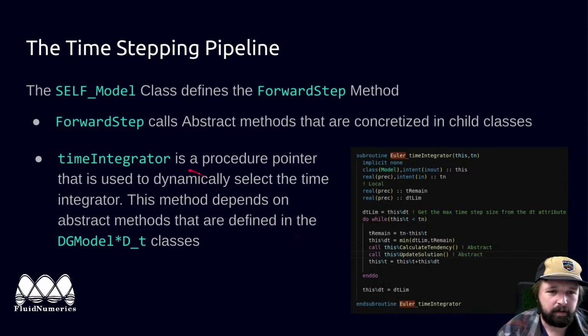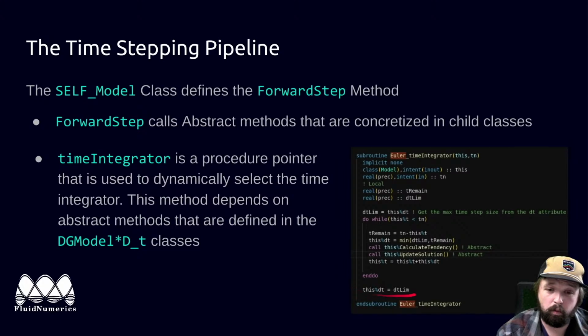So the time integrator, again, it's a procedure pointer. So it's part of the model class, but you can point that procedure to anything that matches this API. You basically need to have as input, or in-out, a model coming in and out, and then you need to have this real variable tn, which is the final time you want to get to, as the input.